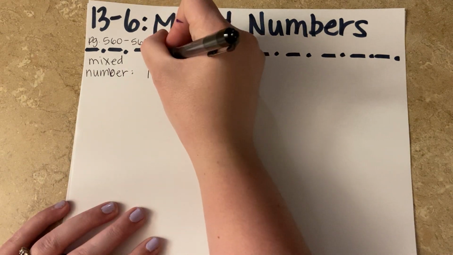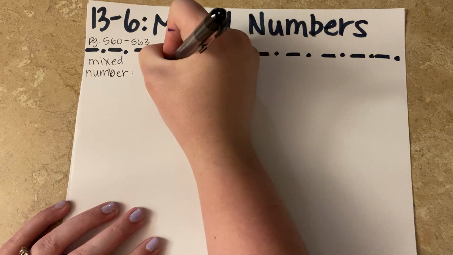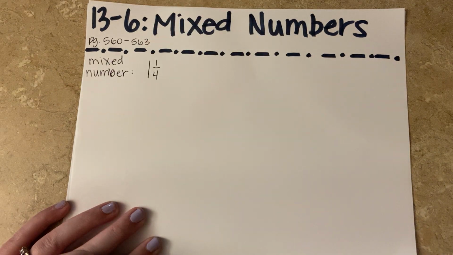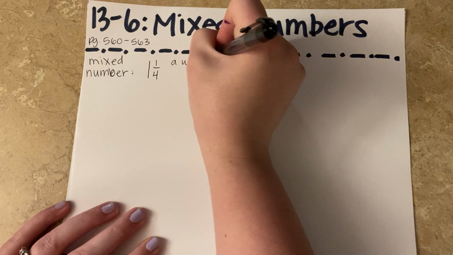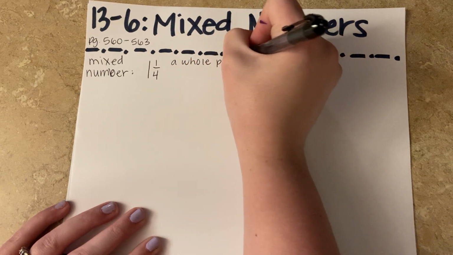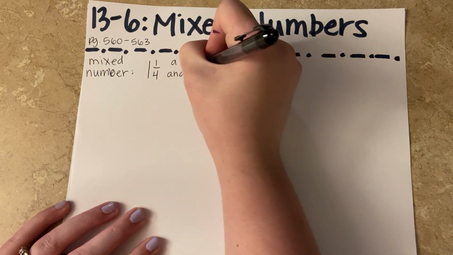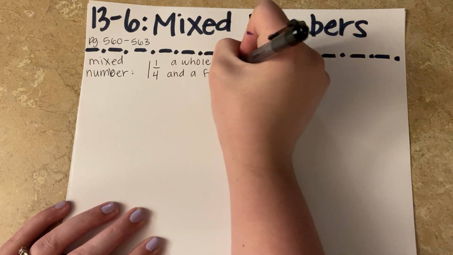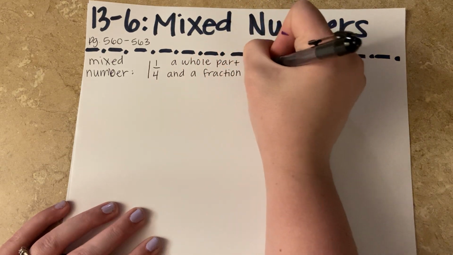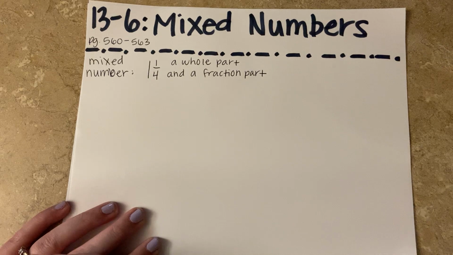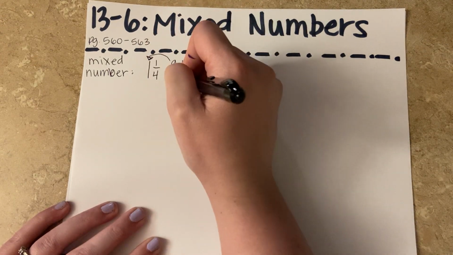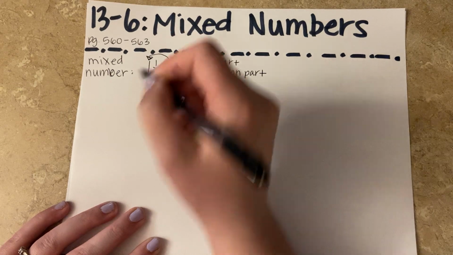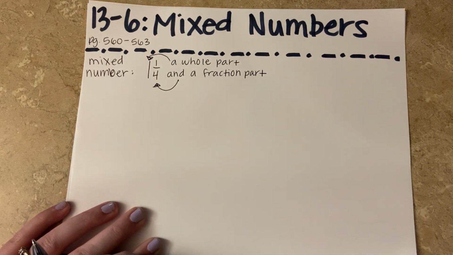So we have 1 whole and 1/4 or something like that as an example. So it has a whole part and a fraction part. Okay, so this would be the whole part and this is the fraction part. So that is a mixed number.